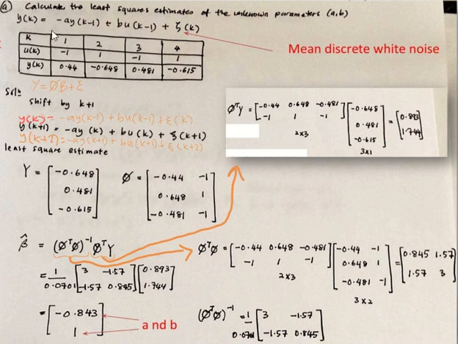Once we have A and B, we know the equation already, so that is the representation or the transfer function of the equation. Zeta can be found later, since we know that if we have an equation, the constant is the intersection of the y axis.